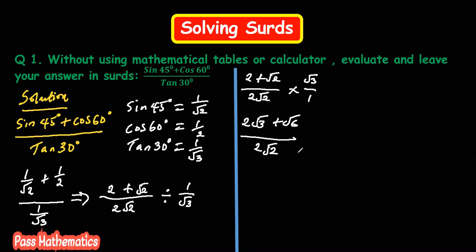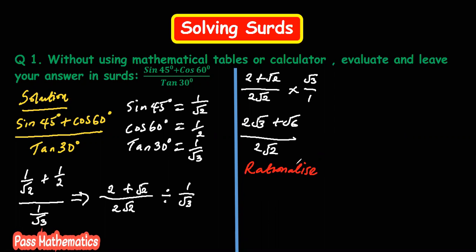Now we are going to rationalize, multiplying the numerator by 2 root 2, and the denominator will also multiply itself.